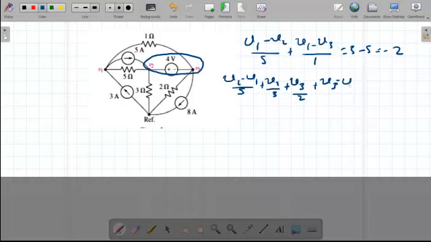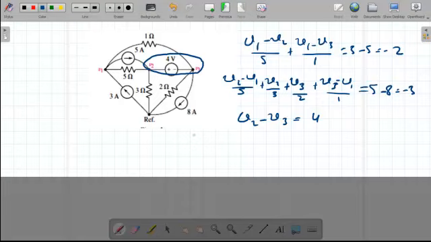This will equal the entering current to this supernode. So 5 amp is entering, 8 amp is leaving, so we say 5 minus 8 equals minus 3. So we have the first equation and the second equation. Then how do we get the third equation? It's easy because we can see that V2 minus V3 will equal 4, because V2 is at the positive polarity.